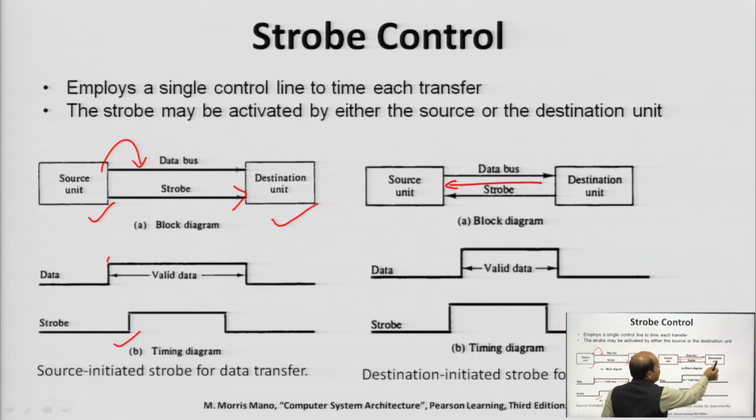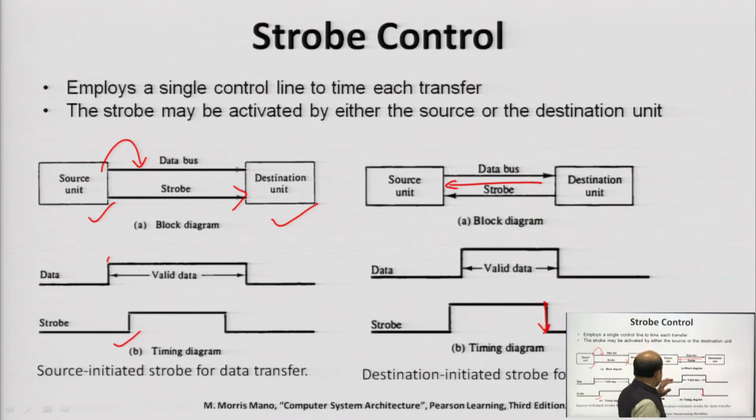Once the data is received by the destination unit, the strobe request signal or strobe control signal will be disabled by the destination unit, and immediately after that the data signal will be disabled. So, in this case you can see the control signal is used to synchronize both devices, source and destination. This is the method of asynchronous data transfer using strobe control.